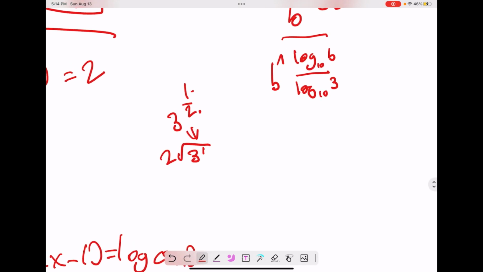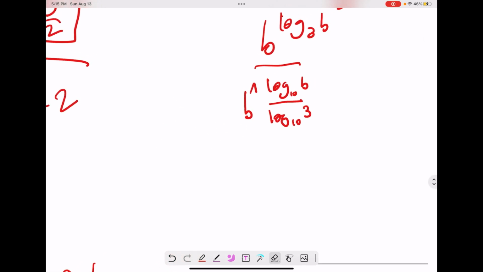So let's say instead we have 5 to the 3 over 2. We get the square root of 5 to the power of 3. You can work this out, but that is how you do it. So that is a quick lesson.